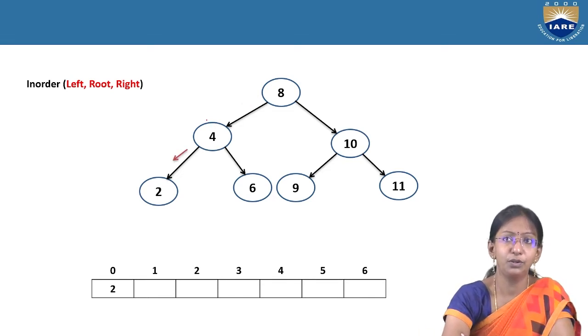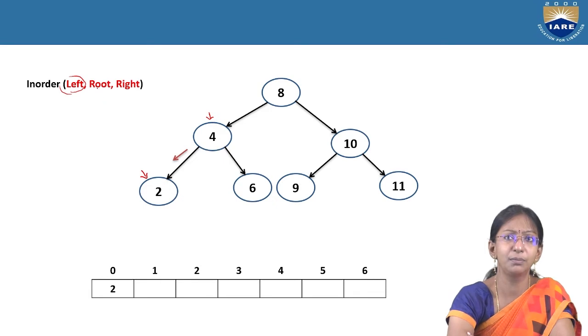Once you encounter 4, you have to travel towards left because 4 still has a left child. When you reach 2, do you have a left child for 2? No. As you do not have a left child for 2, traversing towards left comes to an end.